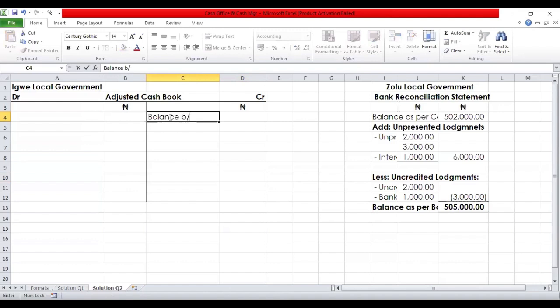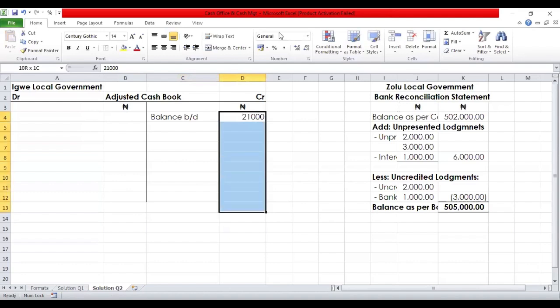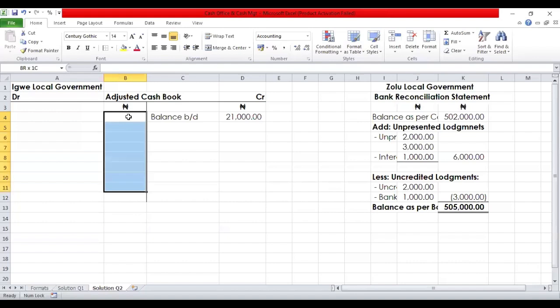Go down, 21,000. The bank statement showed a debit balance of 56,400. An investigation into the difference in figures revealed the following information.